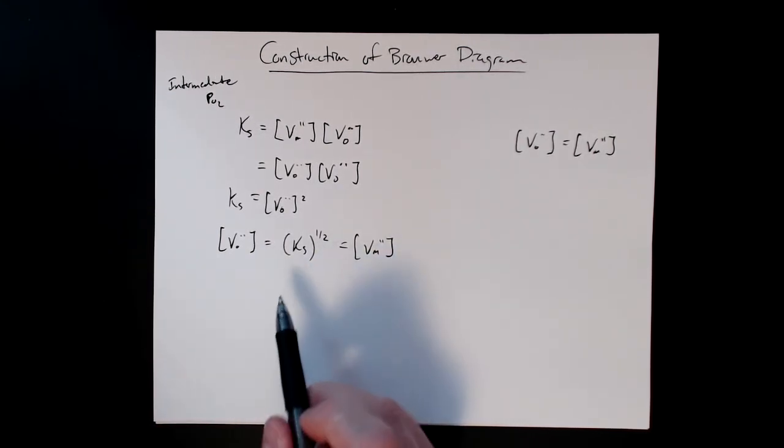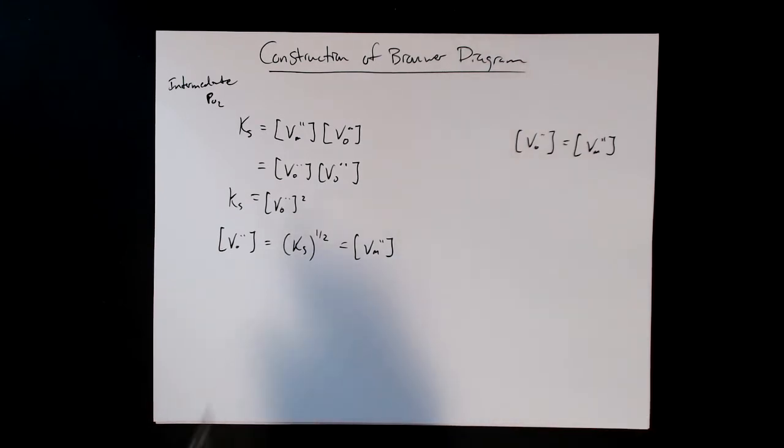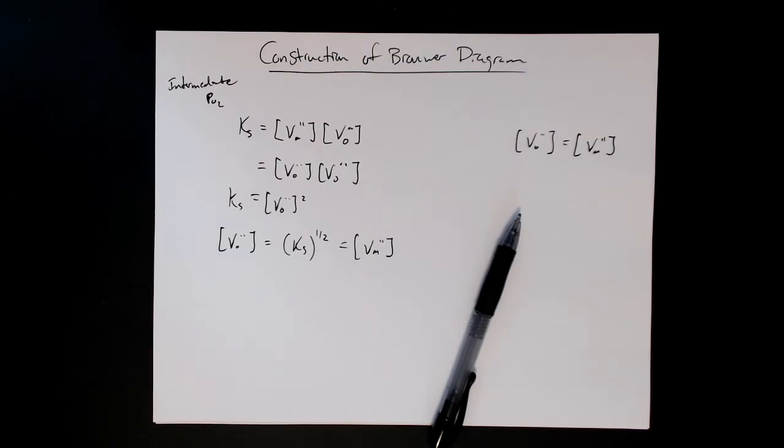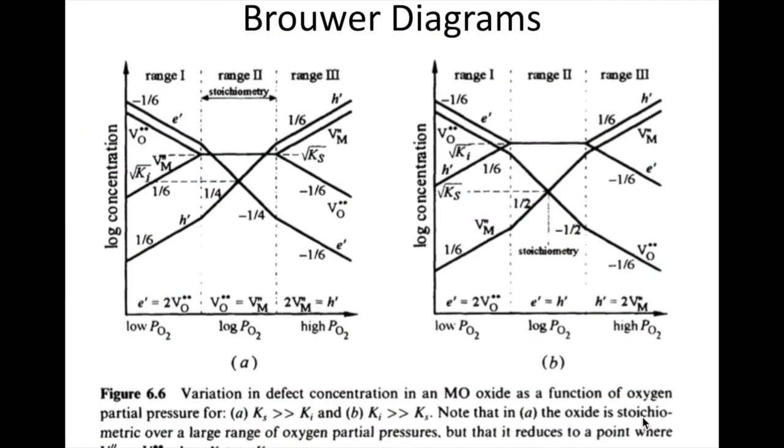And so with this in mind, let's head back to the slides and see if that is in fact the case. All right, so we're back here at the Brouwer diagram again, figure 6.6a. This is the one where the Schottky dominates the other reactions in the intermediate region, which is what we're talking about, region 2.